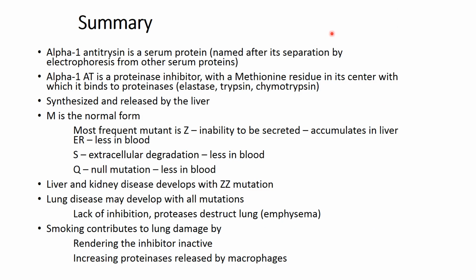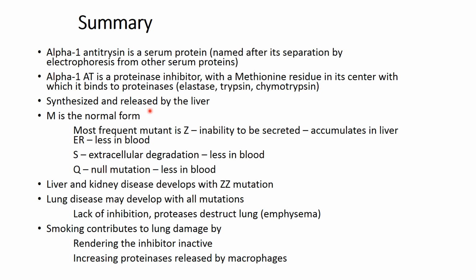So in summary, you learned about an inhibitor which naturally circulates in our blood and saves our tissues from being chewed up by different proteinases. This is an inhibitor with a methionine in the center, which can bind covalently to the target proteinases.